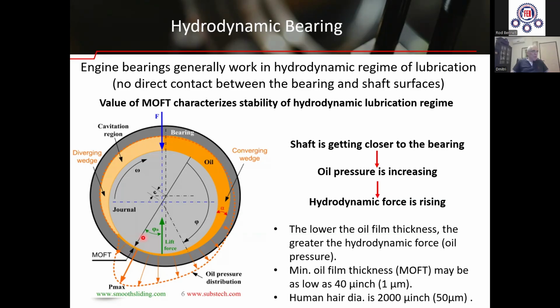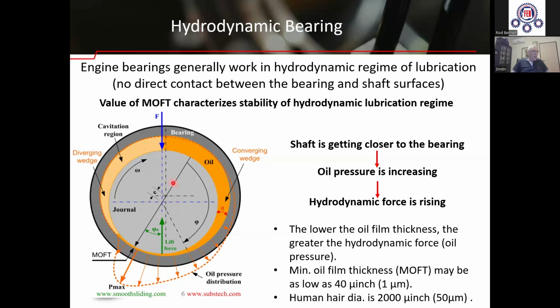The oil pressure creates a lift force. The pressure that the rotating shaft generates creates a lift force separating the shaft from the bearing surface. The lift force counteracts the external force F. They are equal, but they are directed in opposite directions.